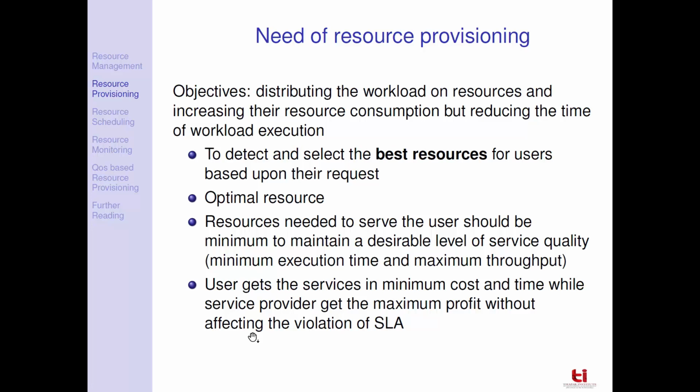So they are contradictory requirements. That is why there has to be an optimal amount of resources allocated for a given workload at that particular instance. So what is achieved is that the user gets the service at minimum cost and time, while the service provider gets the maximum profit without violation of the service level agreement.